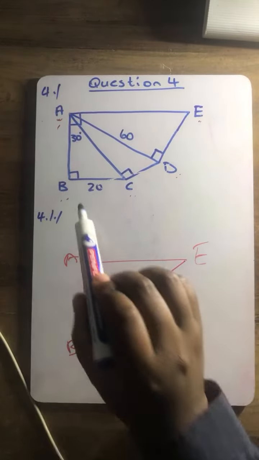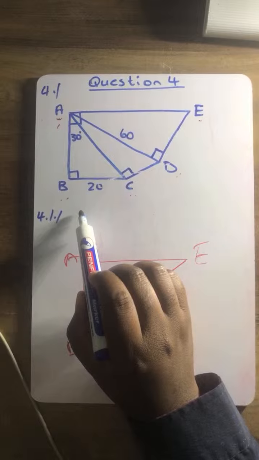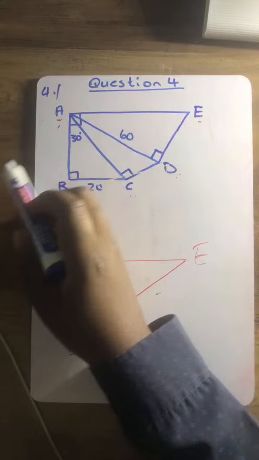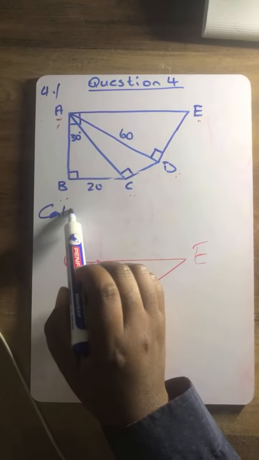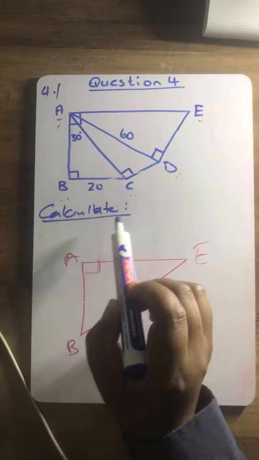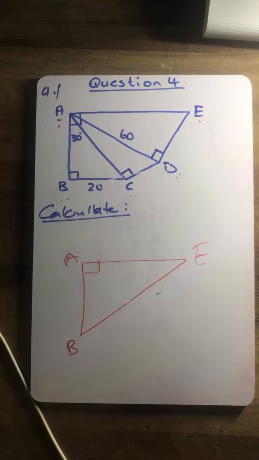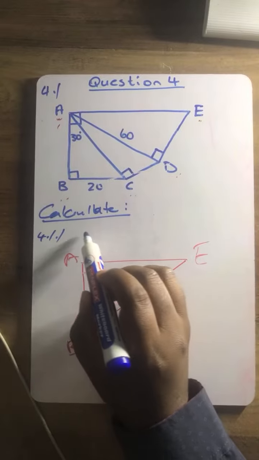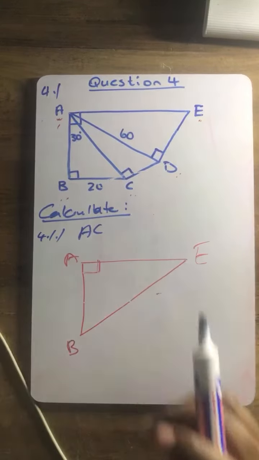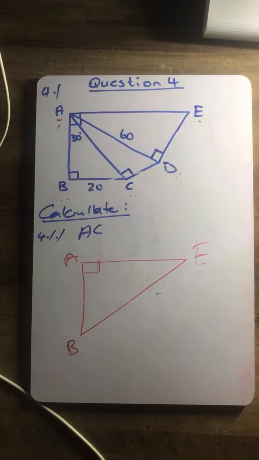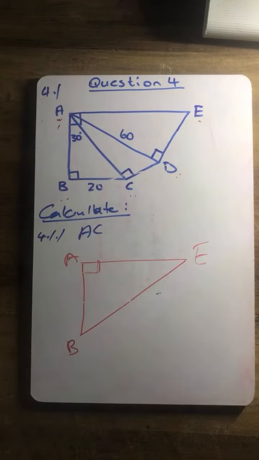So I would like you guys very quickly to calculate the following: the length of AC, 4.1.1. I will not say much, but I will just wait to hear your answers. Length of AC.